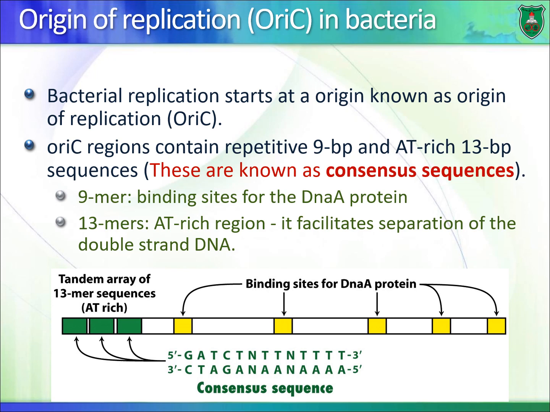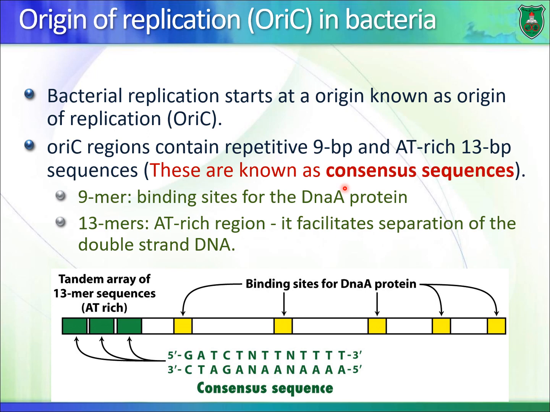Now, it turns out that DNA replication in bacteria does not start at any exact point. It rather starts at a certain stretch of DNA sequence known as an origin of replication. And this origin of replication is actually a consensus sequence. It's one of those many consensus sequences that exist in bacterial DNA. So what do we mean by a consensus sequence?